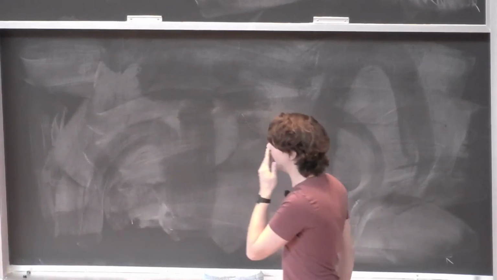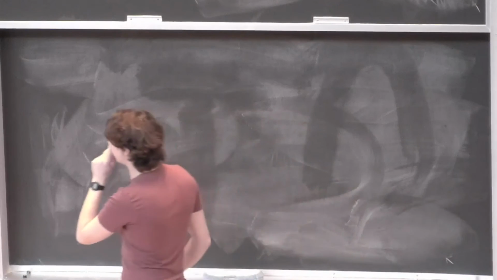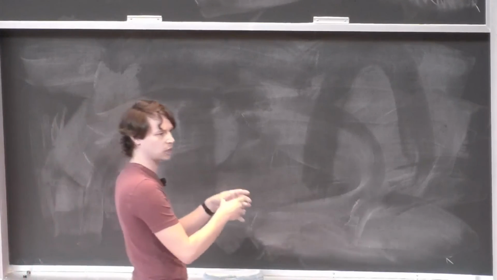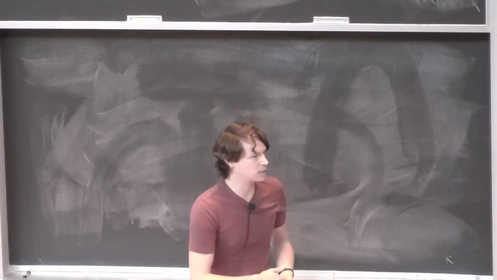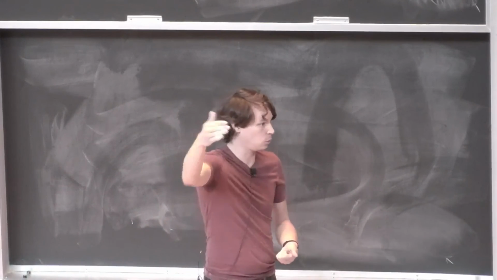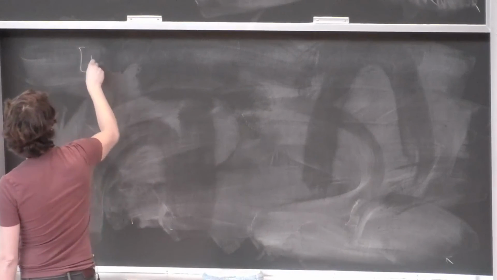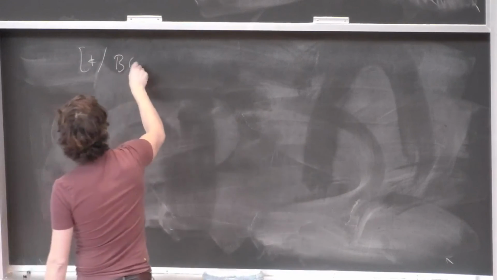So for now, what I want to emphasize is that I can just keep repeating this in this world. Since I'm taking sheaves of spaces instead of just sheaves of sets or groupoids, there's nothing to stop me from continuing to push the homotopy groups up. And so I can take star mod BGL1.